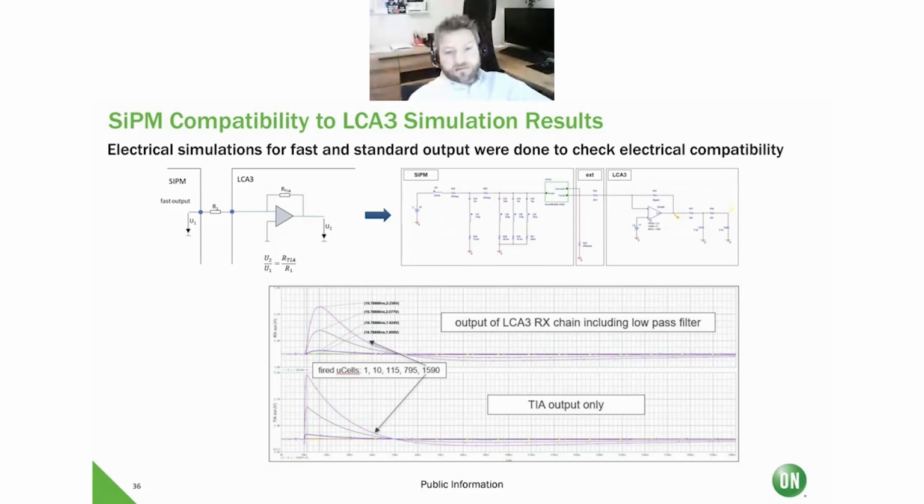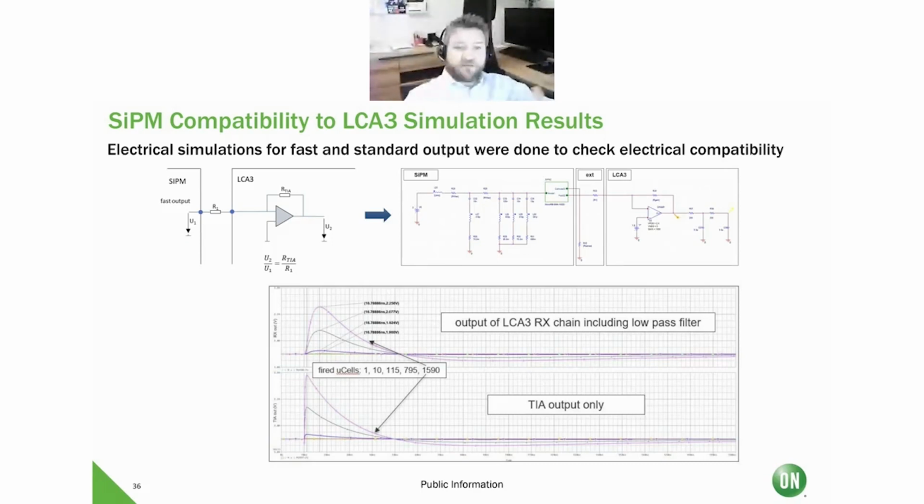But in the end, it turned out that with proper usage of the LCA3, we used the internal TIA only as an inverting amplifier, and with a proper choice of this external resistor R1, we were able not only to level the input dynamic to make it compatible with the LCA3, we were also able, only with the fast output, using the internal AC coupling capacitance, to broaden the pulse, and then really make it very suitable to be captured with an LCA3.